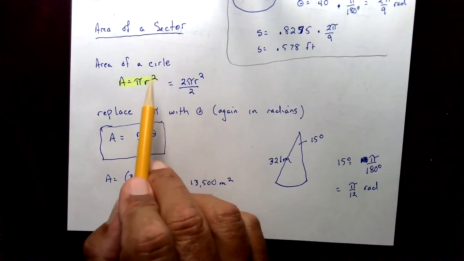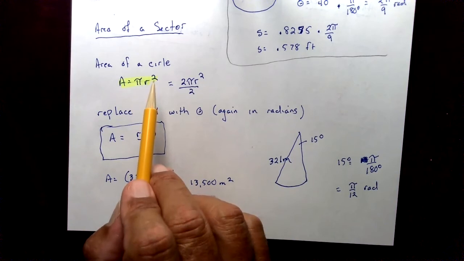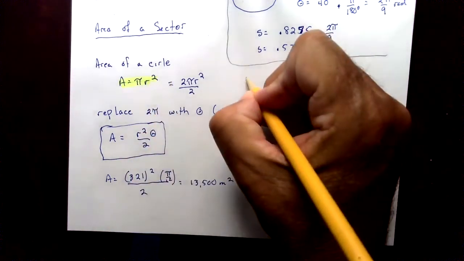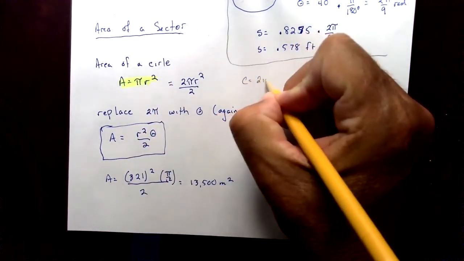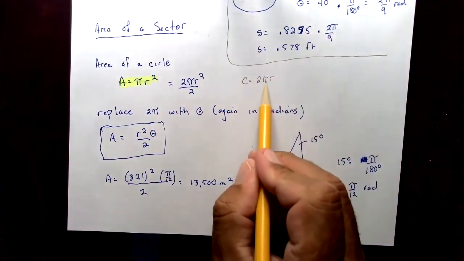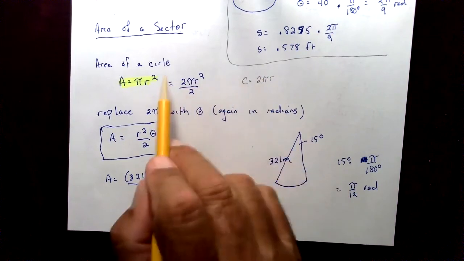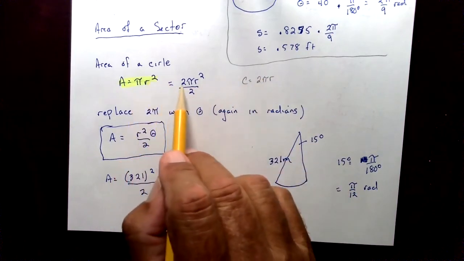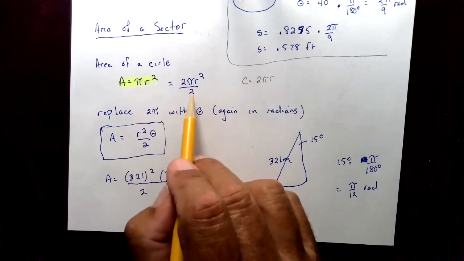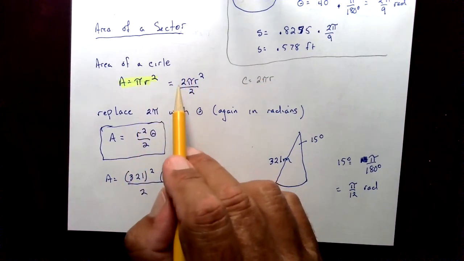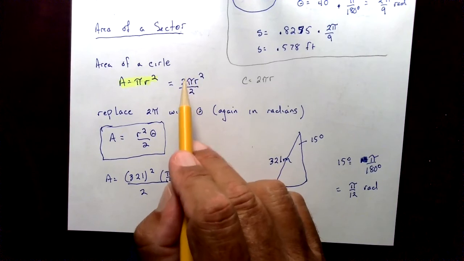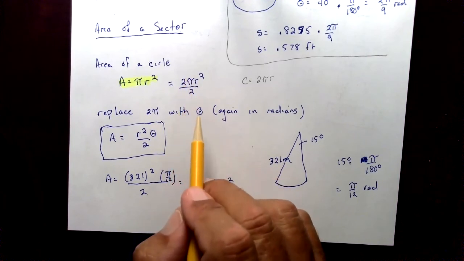And since it's two-dimensional, that's why it becomes radius squared. Now up above, we had circumference equal 2 pi r, and we took the 2 pi out so we could put a theta in. Well, as you can see, I took this formula and I made it a 2 pi by multiplying top and bottom by 2. So in this case, I'm going to replace the 2 pi with the theta.